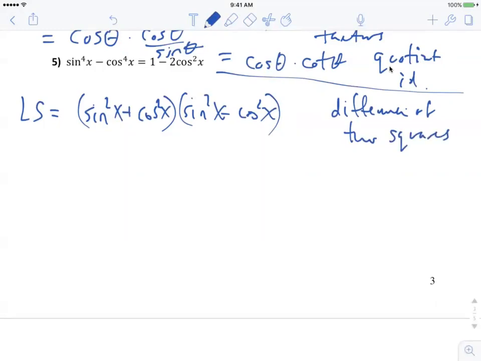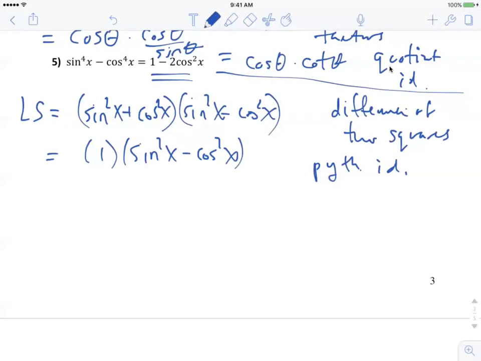Okay, there's my justification. And then that first one, sine squared plus cosine squared, is equal to 1. That's a Pythagorean identity. And then now I'm trying just to get to cosine, and I got sine in there. So let's get rid of that sine, right?